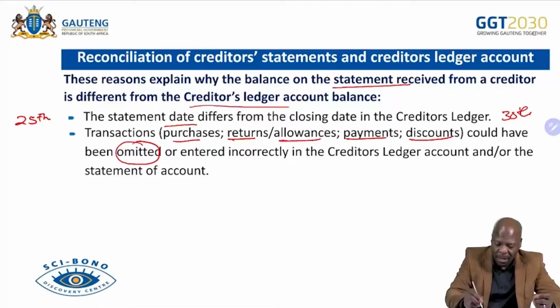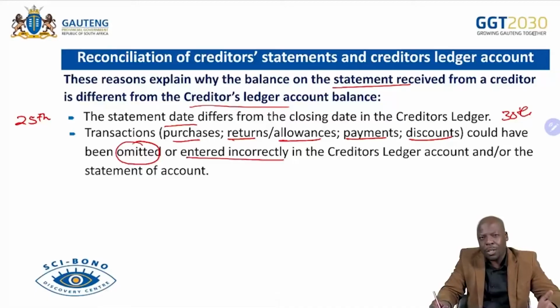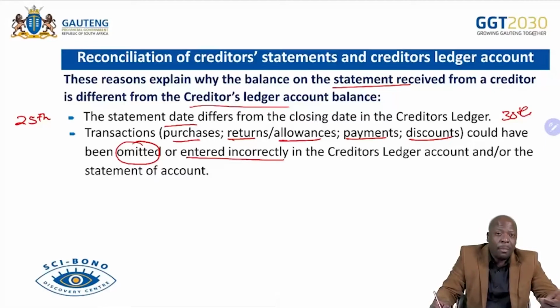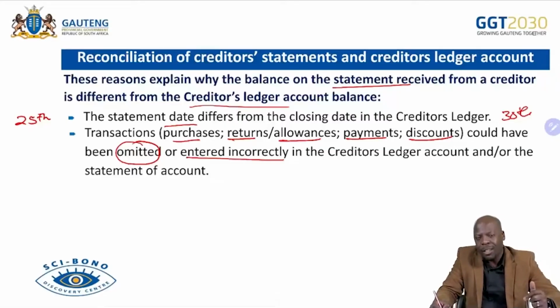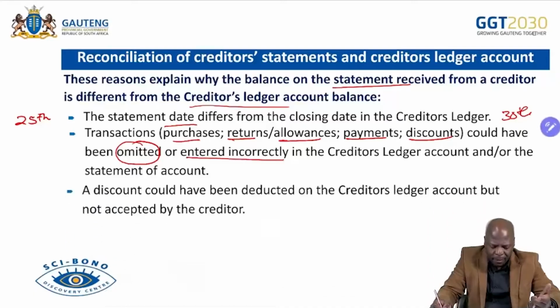Or they could have been entered incorrectly in the creditors ledger account as well as on the statement. This therefore brings about differences. If an aspect is recorded in the statement but omitted in the ledger, there will not be an agreement between the two. Or if an amount is recorded incorrectly, that is understated or overstated, we will definitely have differences.